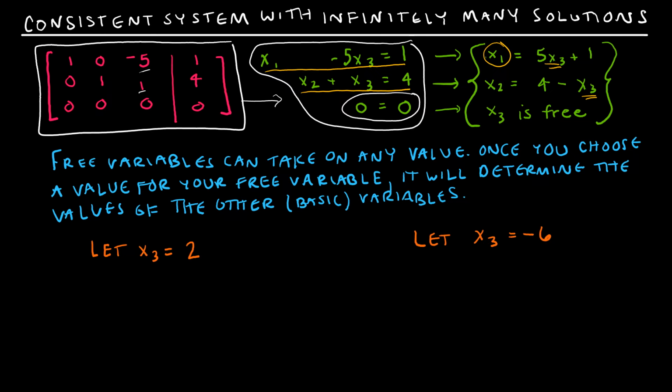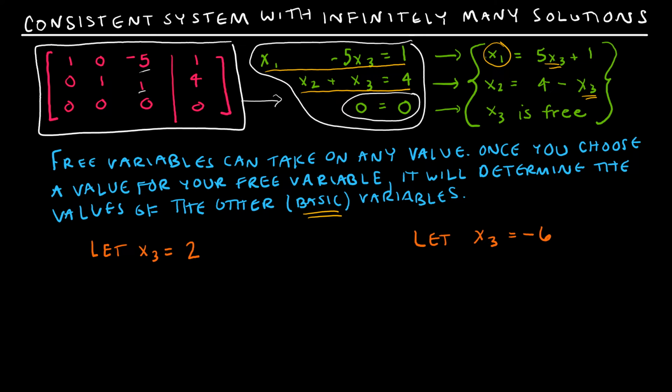And essentially what that means is free variables can be any value that we want them to be. We can essentially choose a value for x3. And once I choose a value for x3, then I'm going to be able to determine the value of the other variables that we are calling basic variables. So let's take a look.